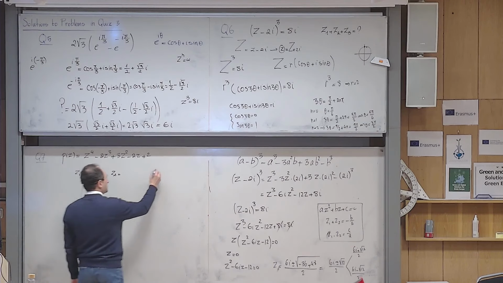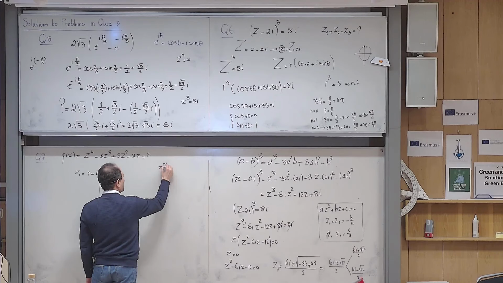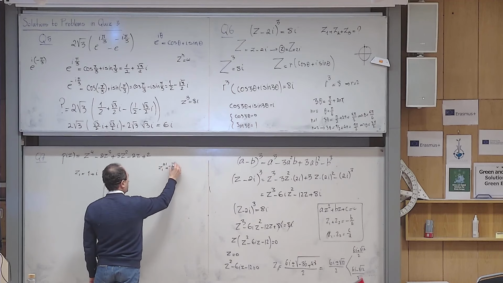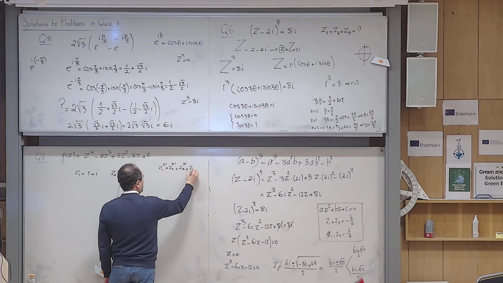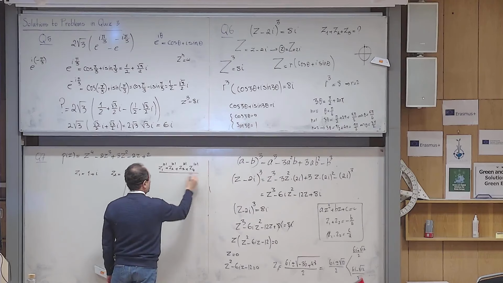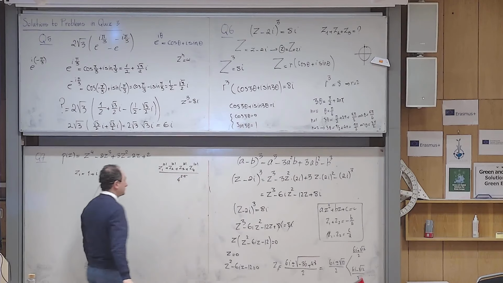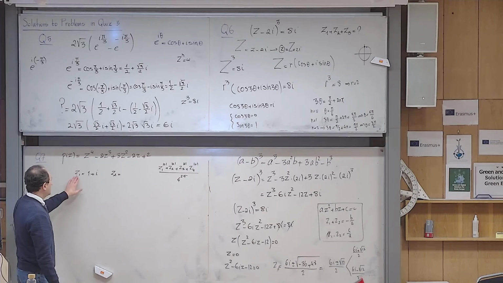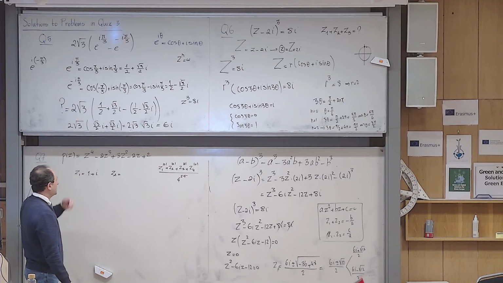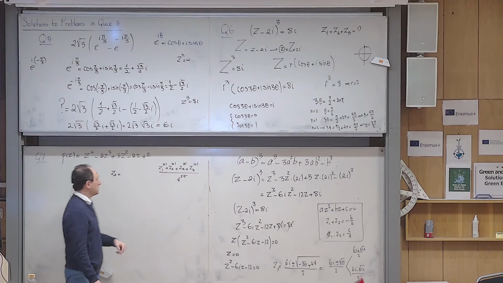So I want to calculate Z1 to the power 101, plus Z2 to the power 101, plus Z3 to the power 101, plus Z4 to the power of 101, divided by 4 to the power of 25. It doesn't matter which one I call Z1, which one I call Z2. In the problem, I call this one Z1 myself. I know that one of the other ones is the conjugate.